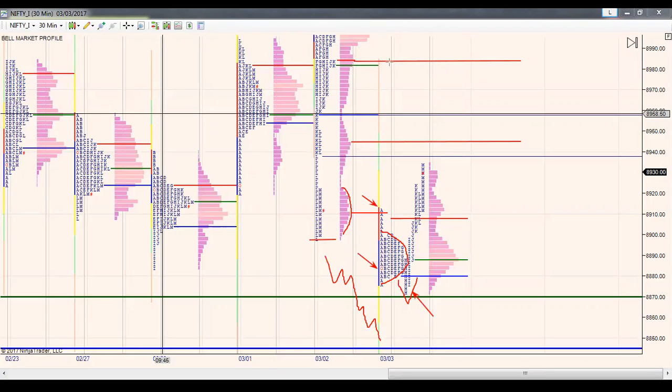So when I said that there were multiple distributions in yesterday's profile, in yesterday's video log, what I wanted to tell you was that this is kind of a forced action, and whenever there is a forced action, the auction has a habit of going back and testing the levels where this forcing action occurred.